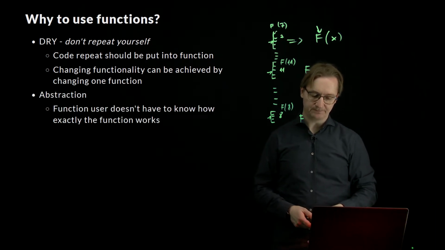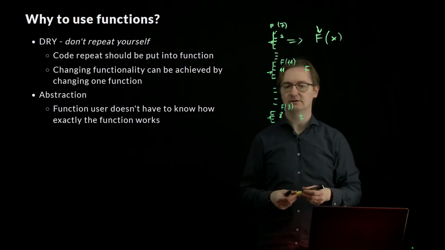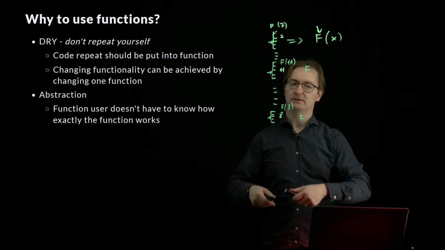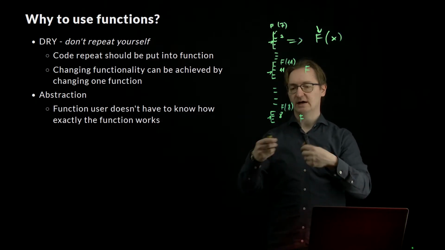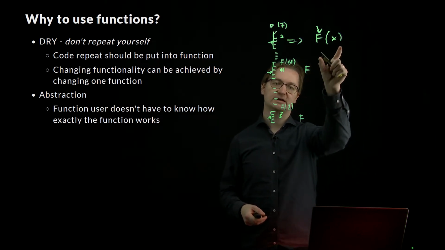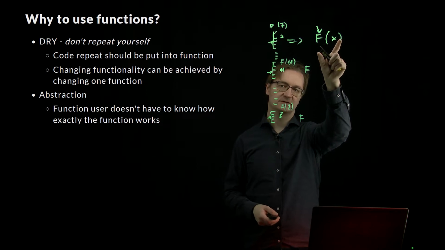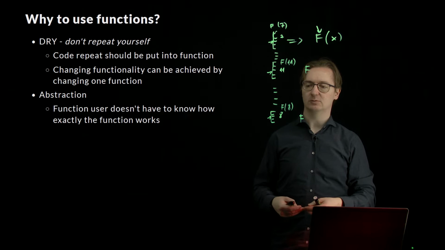Abstraction. So, function user. If I'm the user of the code, or I'm another developer who takes your code and wants to add something to it, I don't have to understand how the function works. I only need to know that it does something. I want to know what it does.